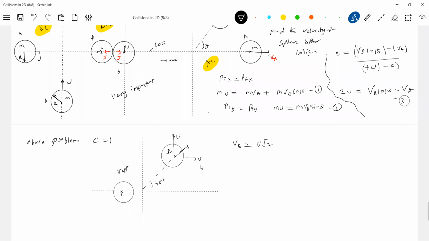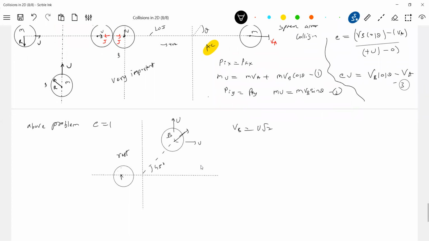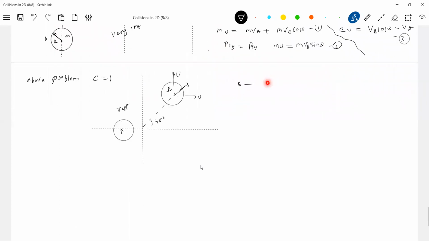If it is a perfectly inelastic collision, they'll move in the direction of the common velocity. In the above problem, if e equal to 0, then after impact, what should happen? Both combined blocks will move with the velocity of the center of mass.